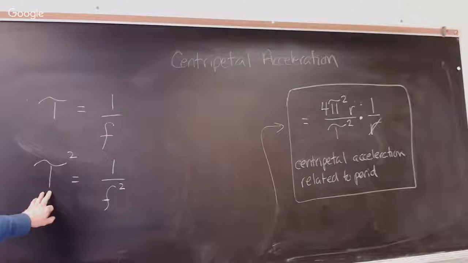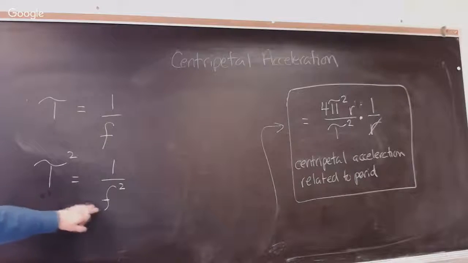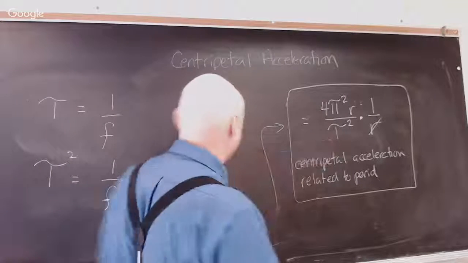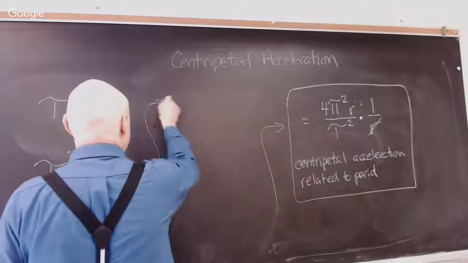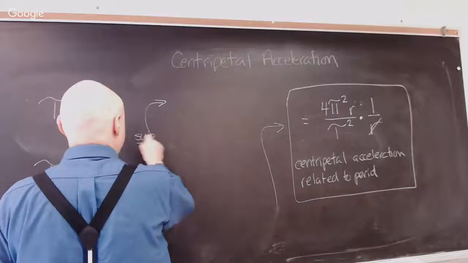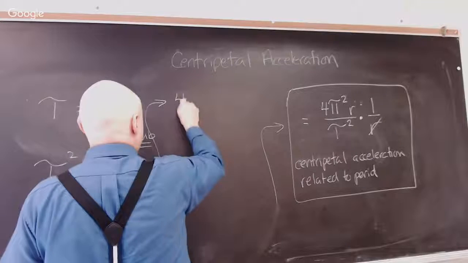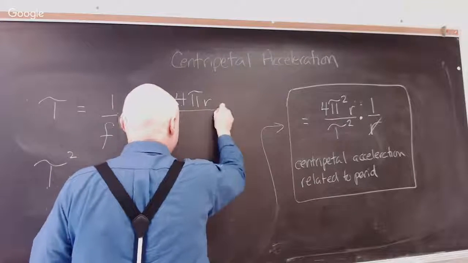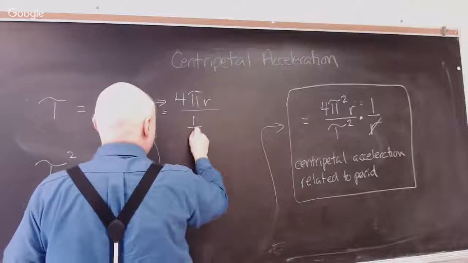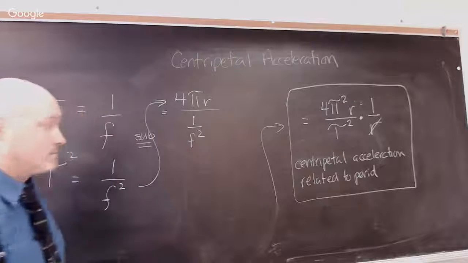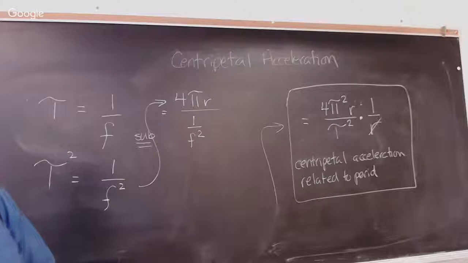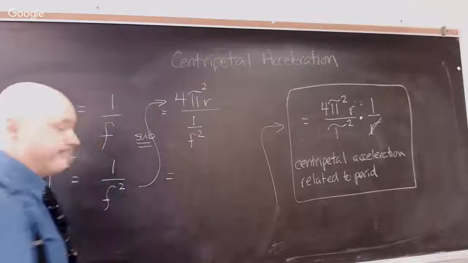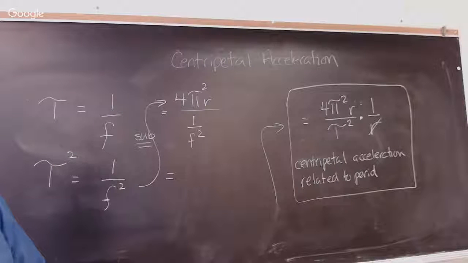And so we can take this expression for period squared in terms of frequency, and we can just substitute it into our equation here. Okay. Good so far? Yeah. Oh, but I didn't square my pi.